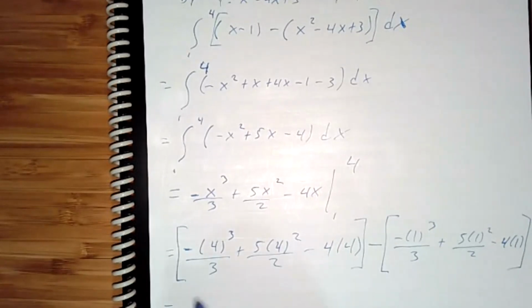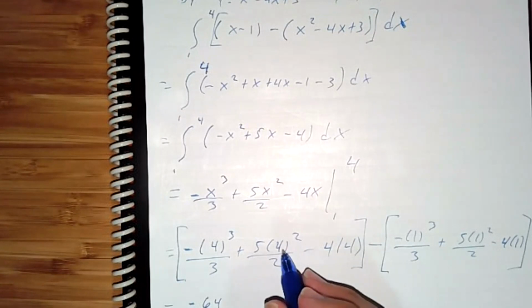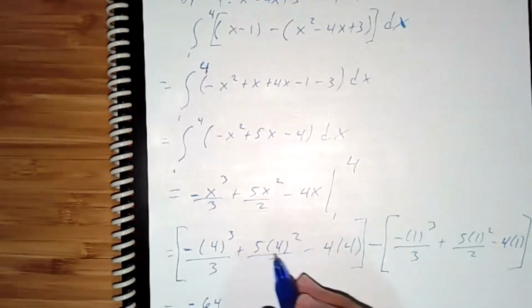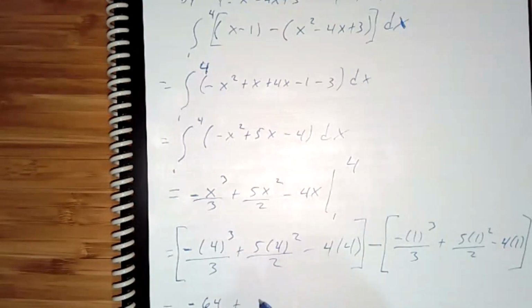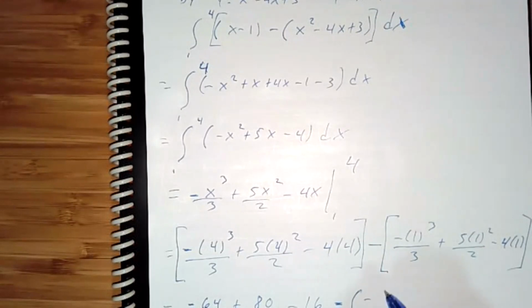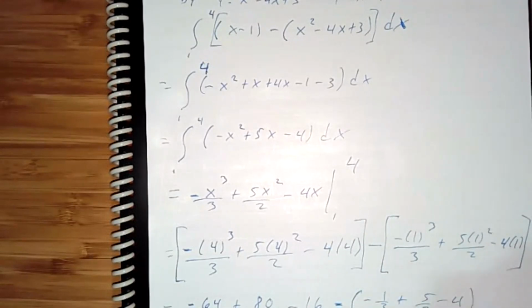Okay, so that'll be 4 times 4 is 16 times 4 is 64, so that'll be negative 64 thirds. 4 times 4 is 16 times 5, 80. Yeah, that's right? Okay. 80 over 2 minus 16 minus negative a third plus 5 halves minus 4.